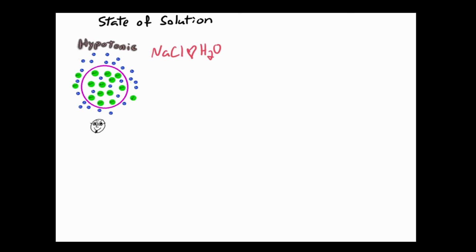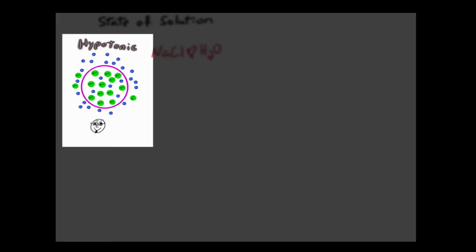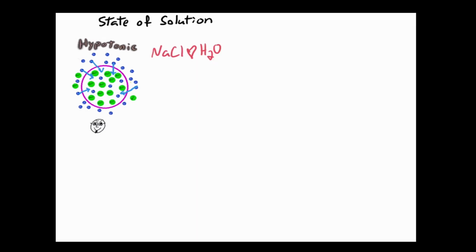So what's going to happen then, since there is more salt inside the cell than in the solution, is the water, since it can move much more easily through the selectively permeable membrane, is going to flow more into the cell. Now remember, there is water and salt flowing into and out of the cell, but the net movement of the water is going to be into the cell because it wants to hang out with the NaCl because, well, it loves it. So let's go ahead and look at the next state.